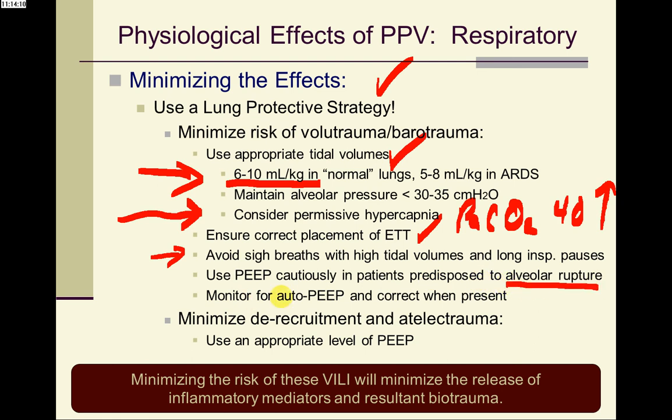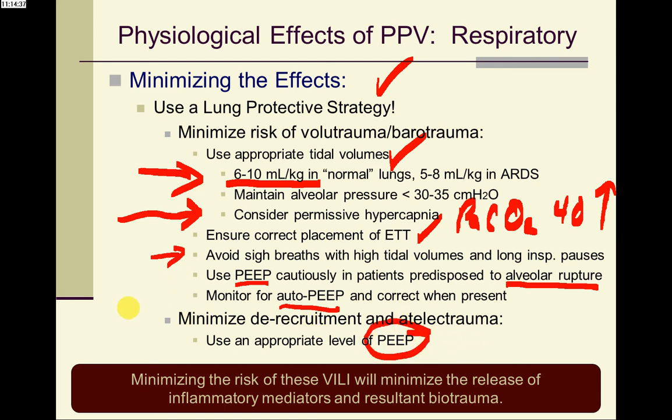We're not sure what some of the PEEP levels we're supposed to be using, but we know that if we can prevent that atelectasis and that shearing, that might be a good thing for our patients. So we always have a little bit of PEEP on board, and if they're really sick, we might go up to 8 or even 12 centimeters of PEEP, depending on their disease process. All right, we're going to monitor for auto PEEP so that we're aware of when we're potentially over-distending the alveoli. And we're going to minimize de-recruitment with our appropriate use of PEEP.